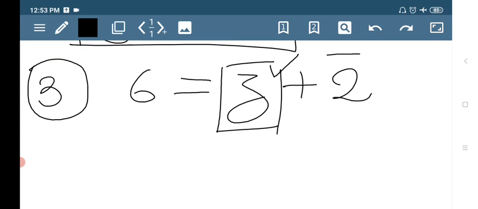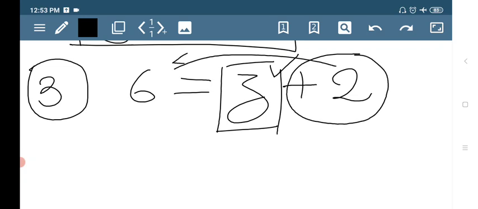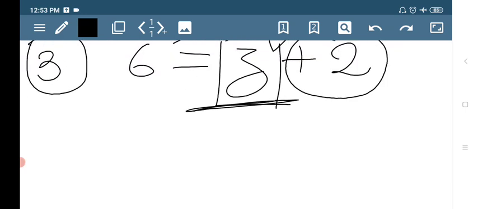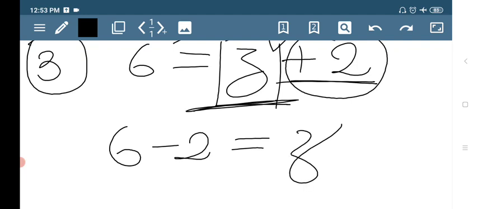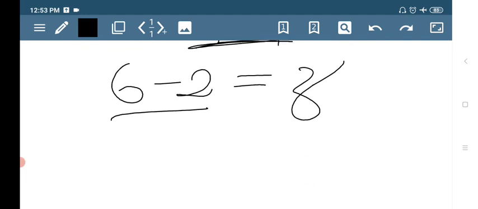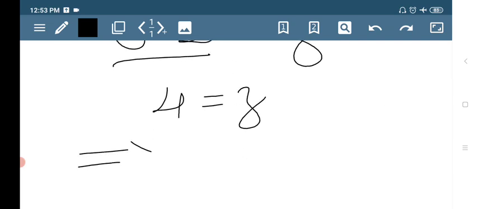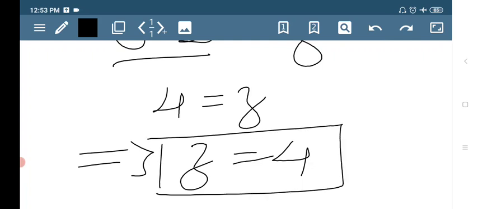Now in this question, to find the value of z, we will send 2 to LHS. So it is a plus 2, it becomes minus 2. 6 minus 2 is 4 is equal to z, or you can say that z is equal to 4. Okay.